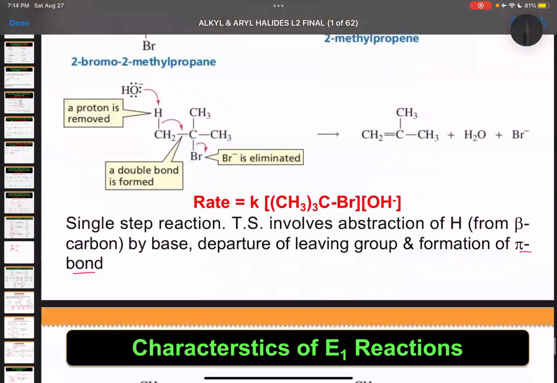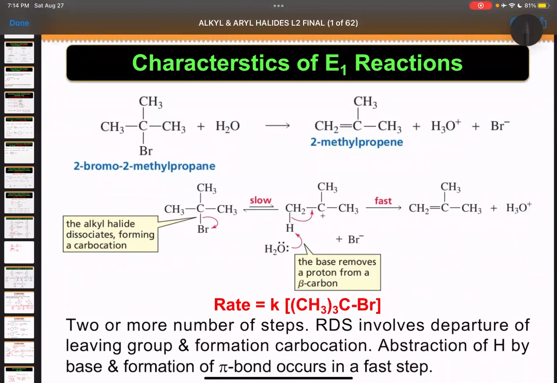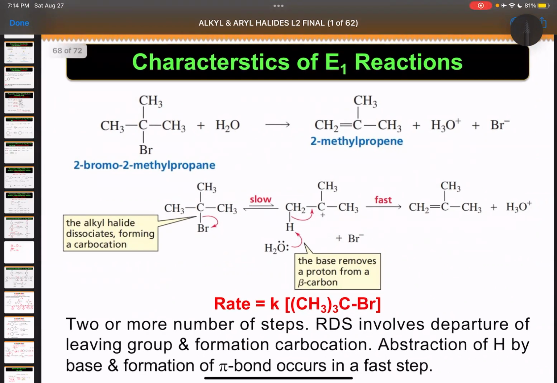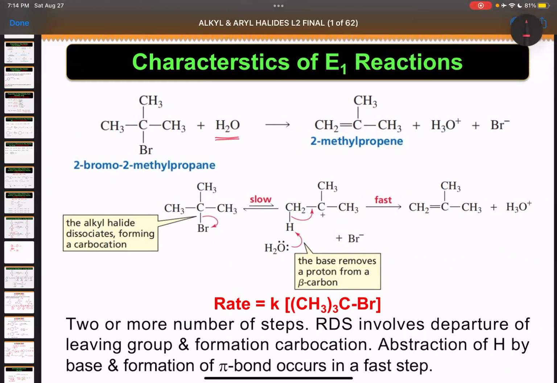Right. So now this one. There is one more way in which the elimination can happen. Elimination can happen even if you have not taken a strong base, but you have taken strong heat. So if you have taken a tertiary halide and you have not used a strong base, just the heat, this can happen.